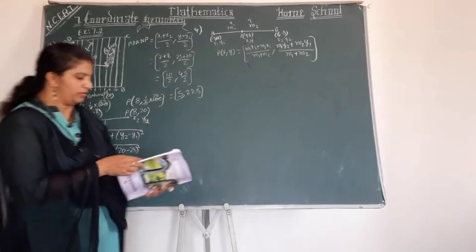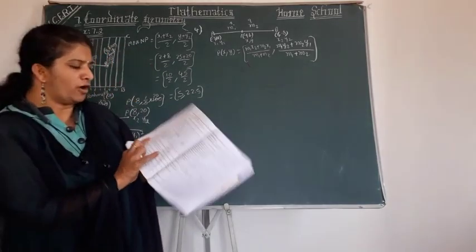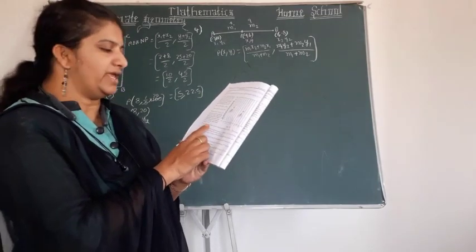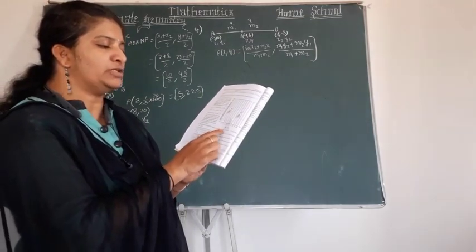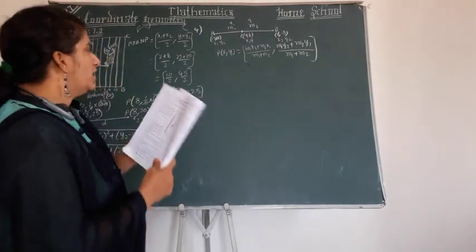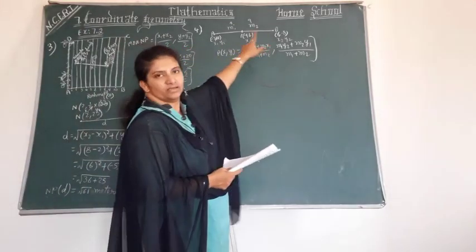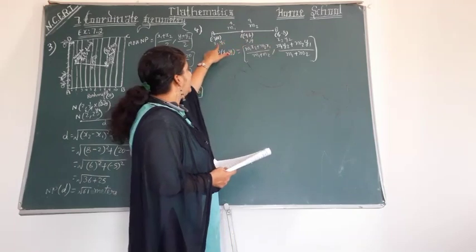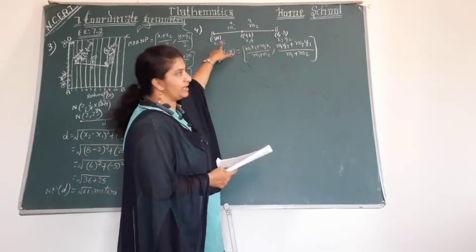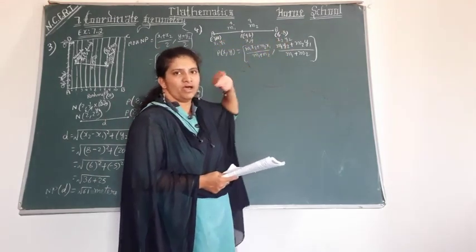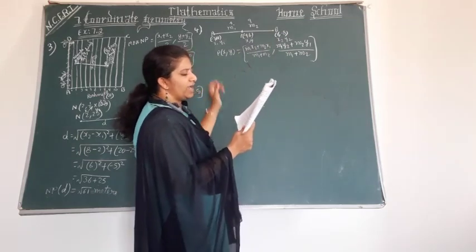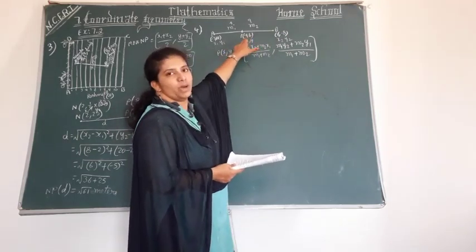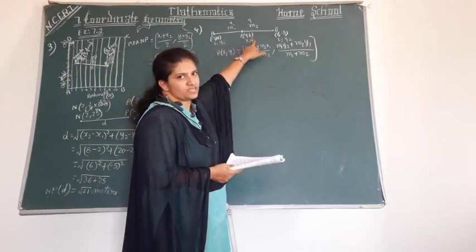Okay, fourth problem. What's your fourth problem? Find the ratio in which the line segment joining the points, see the line segment, joining the points minus 3, 10 and 6, minus 8, is divided by the point minus 1, 6.